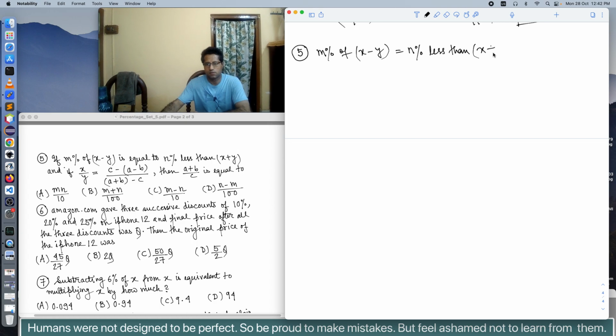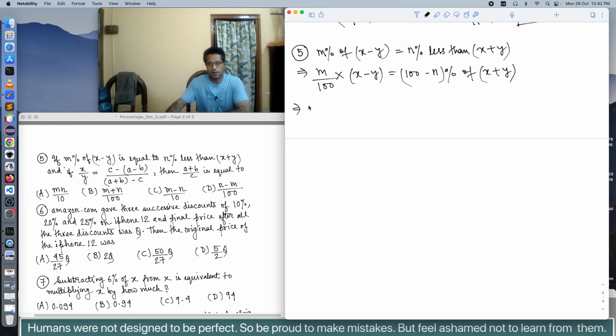x plus y. Now this means m percent of x minus y is m by 100 multiplied by x minus y, and n percent less than x plus y means 100 minus n percent of x plus y.